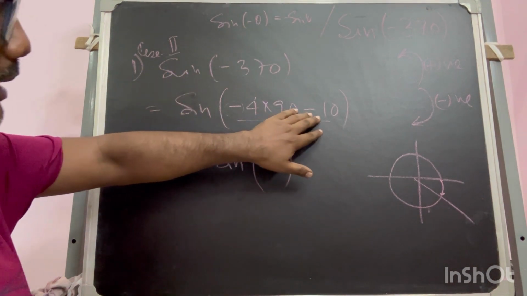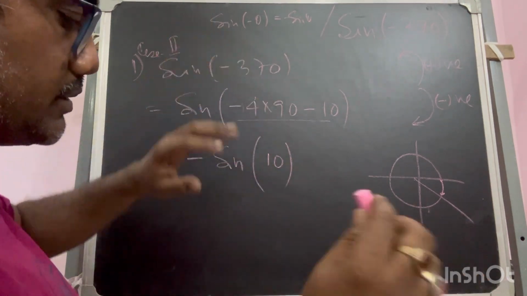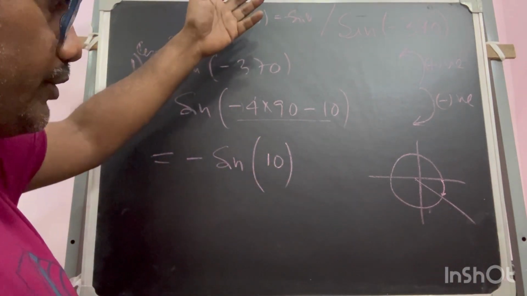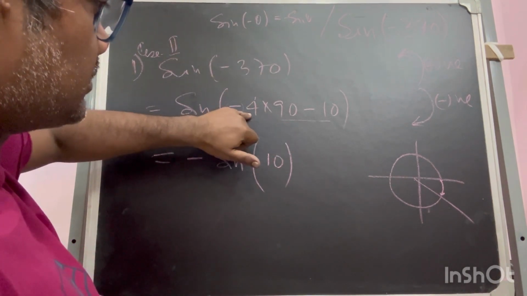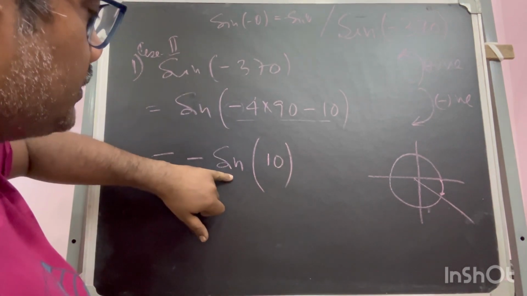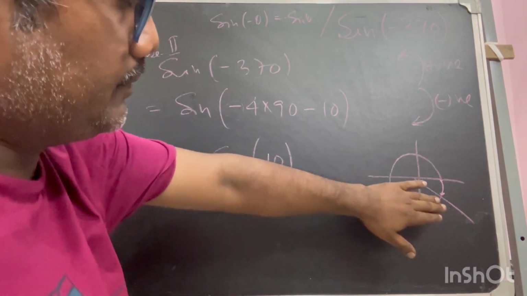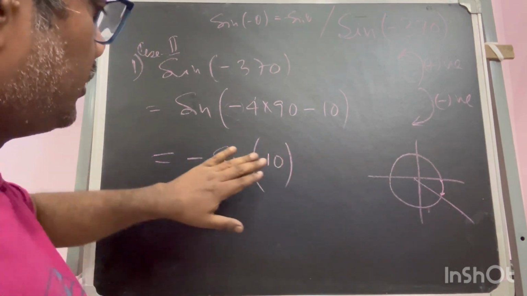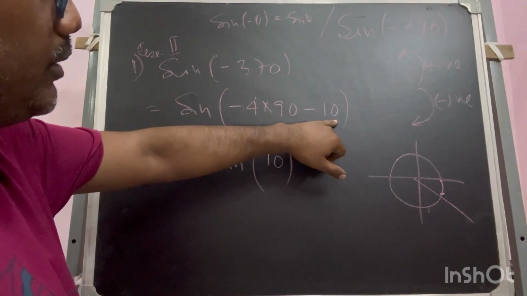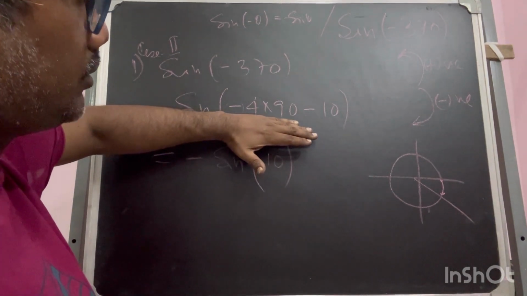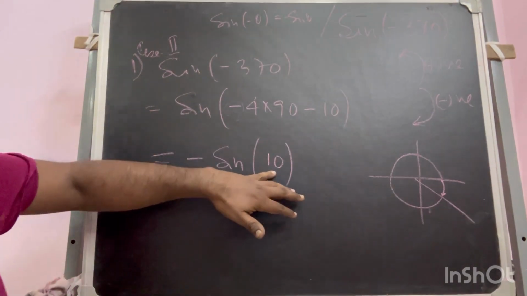So this signs will not be considered again and again. For the case, if I consider the first way of doing that, so only this will decide the first, this even or odd, sine will be sine, and after that the total angle where it is lying. If it is lying in the fourth coordinate, for whole thing there will be a negative sign outside, and the angle which is remaining after distributing it into 90 plus theta, so that theta will come directly.